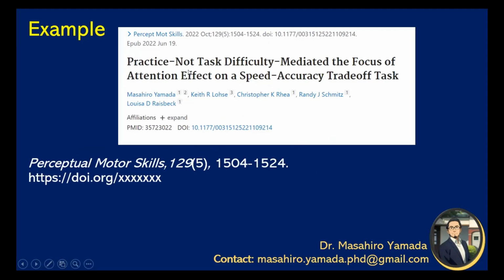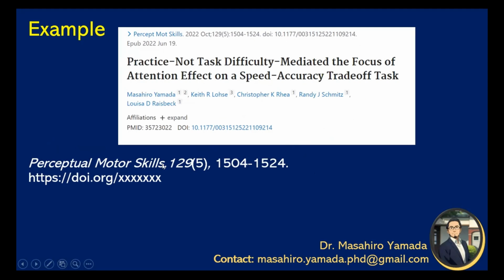Okay, another example. The name of the journal is Perceptual and Motor Skills. The volume number is 129, the issue number is 5, you have the page, and you have a DOI over here.